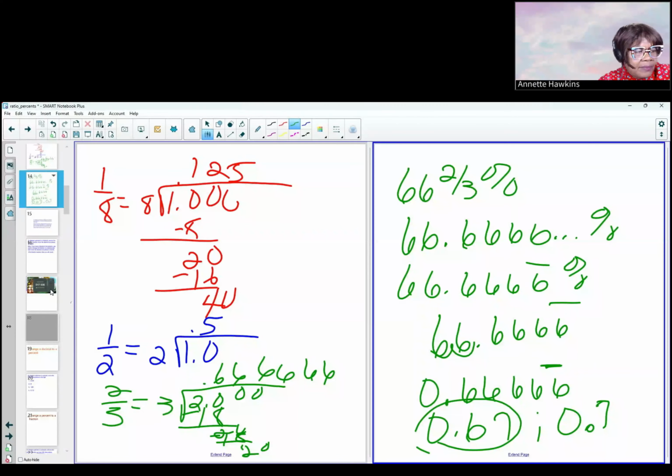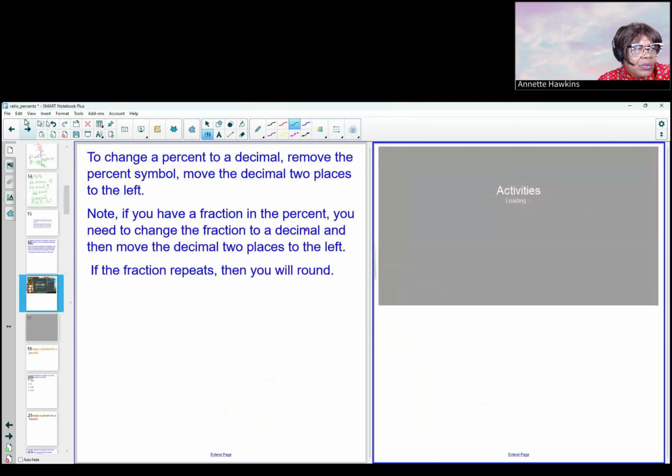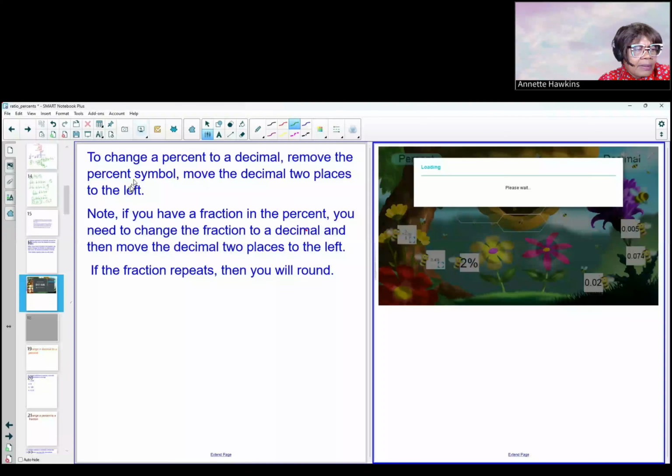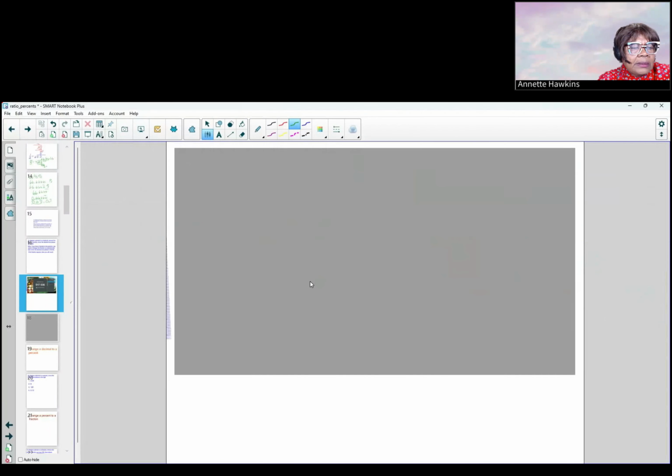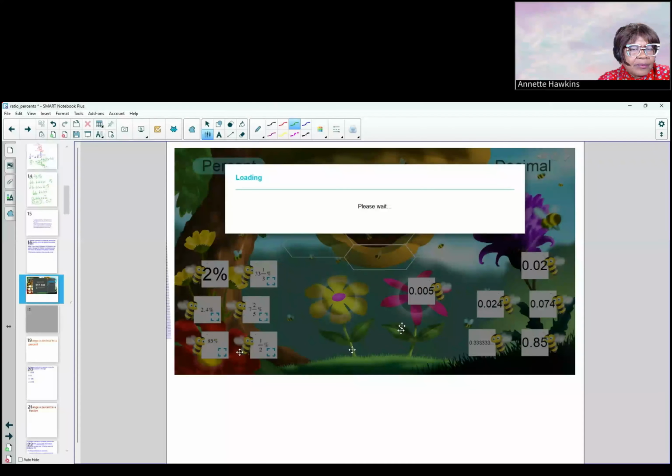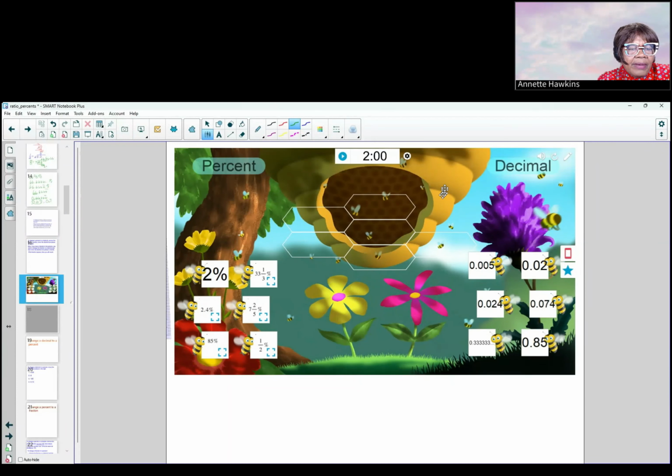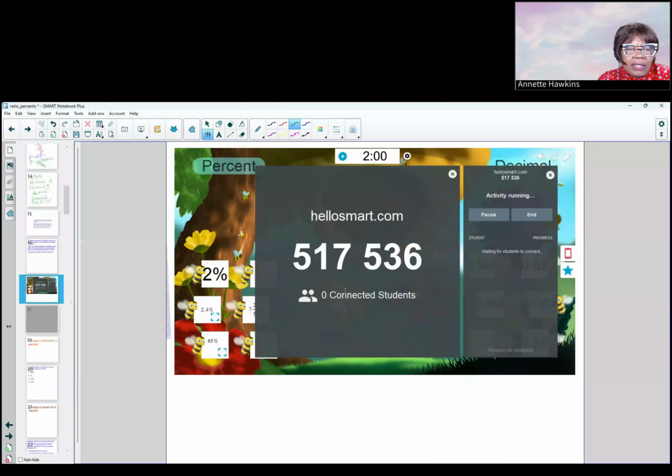Any questions? Okay, well, I want to test your knowledge of how we do this. We're going to try this, and this is where you need to go. You need to go to hellosmart.com, put in this number, and then register as a guest, and then we're going to test our answers.